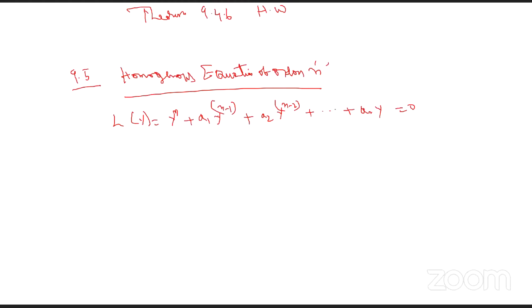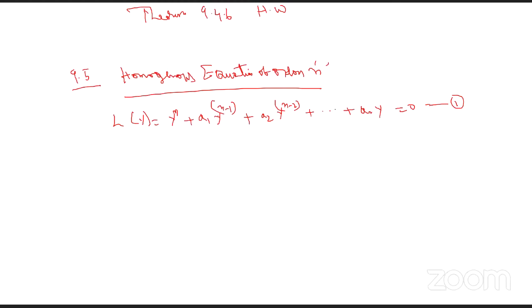Consider this as equation number 1, where a1, a2 are constants. D equals d by dx, D square equals d square by dx square. Earlier we discussed it.